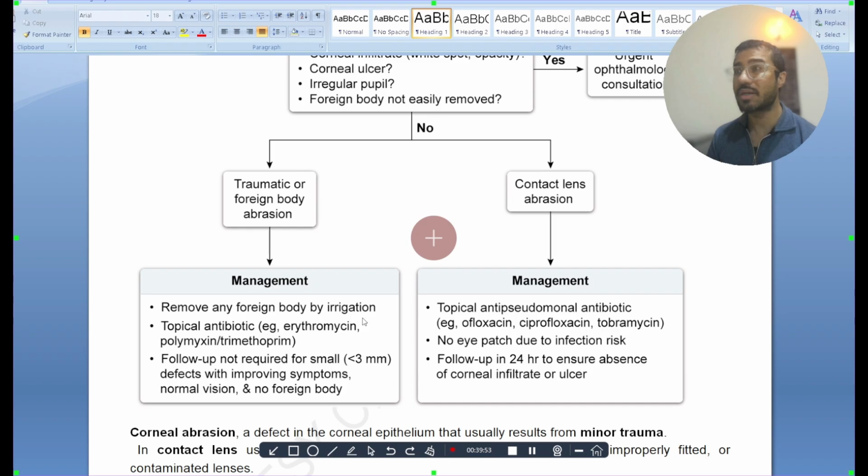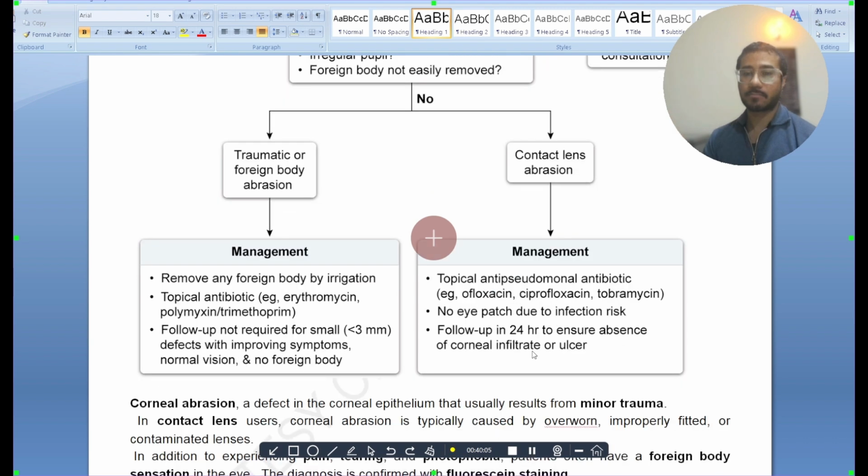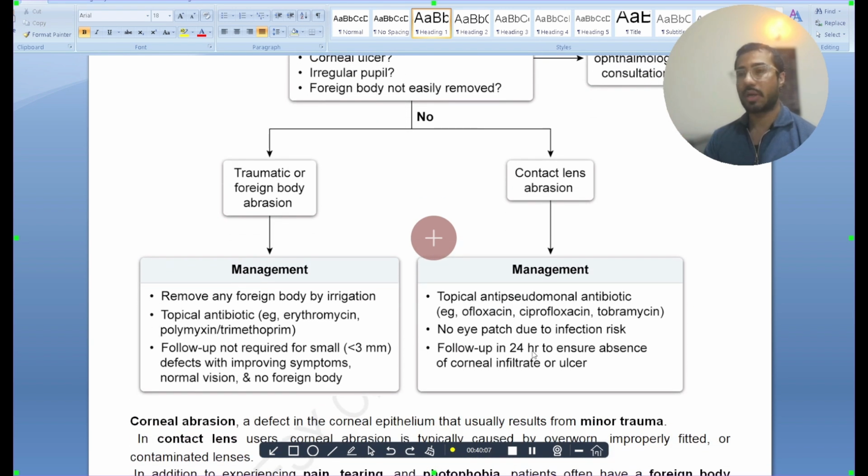Bacterial conjunctivitis due to another reason, tobramycin, erythromycin ointment, or polymyxin trimethoprim ointment. That is what you're gonna give in these cases. So it's really easy when it comes to choosing antibiotics. If it's a contact lens wearer, fluoroquinolone drops. Other reason, erythromycin ointment or polymyxin trimethoprim ointment. It's the same case for corneal abrasion as well.